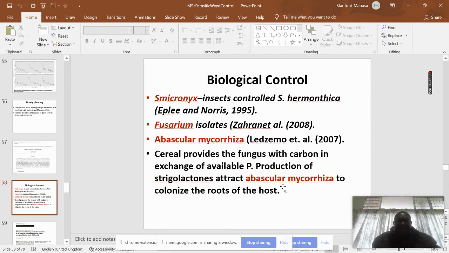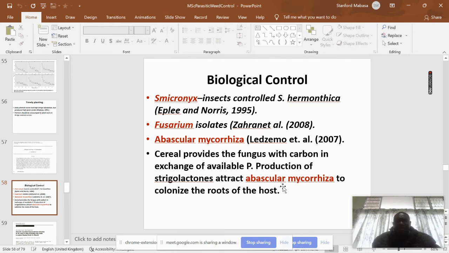Then we have arbuscular mycorrhiza, which was found to be effective by Ledzemo in 2007. Now, what may happen is that the cereal may provide the fungus with carbon, because arbuscular mycorrhiza is a fungus.